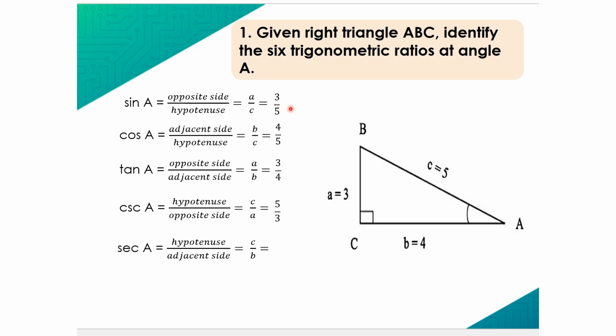So, C over B, the reciprocal of cosine, that is 5 over 4. And the last ratio is cotangent A, which is equal to the adjacent side over the opposite side. Since this is the reciprocal of the tangent, we have 4 over 3.